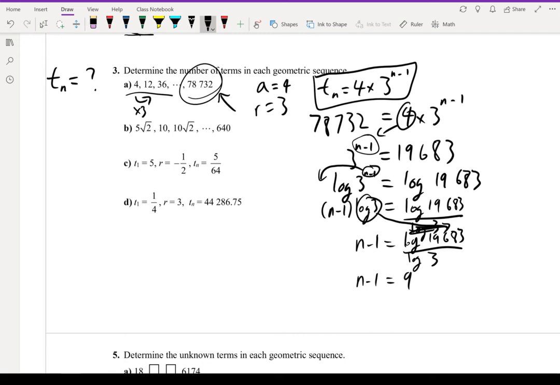It will be much easier with your graphics calculator or your scientific calculator. So that means n is equal to 10.